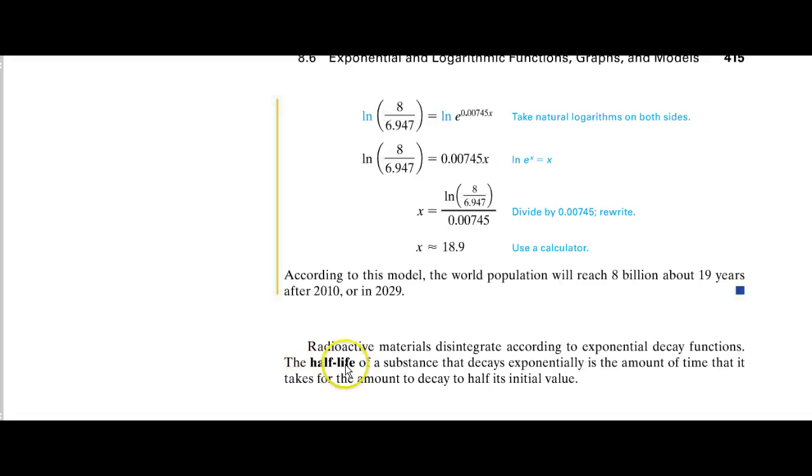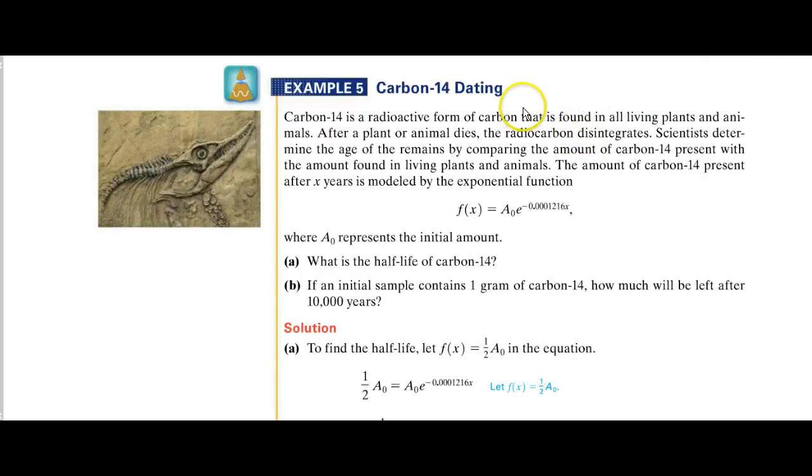Now for half-life, which is an exponential form as well. This is something we've used in biology for a while. It's called carbon-14 dating. Now carbon-14 is a radioactive form of carbon that as the plant is alive, it takes in carbon to make organic chemicals from it.